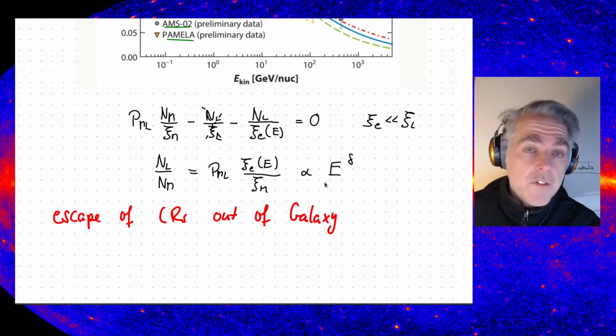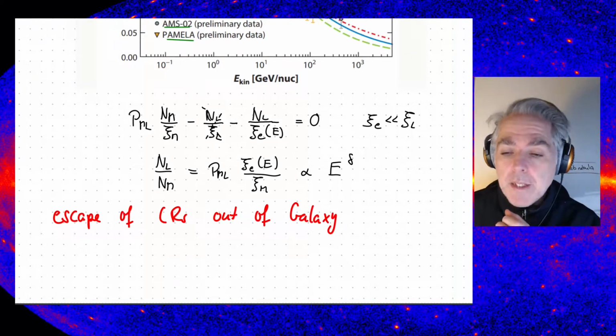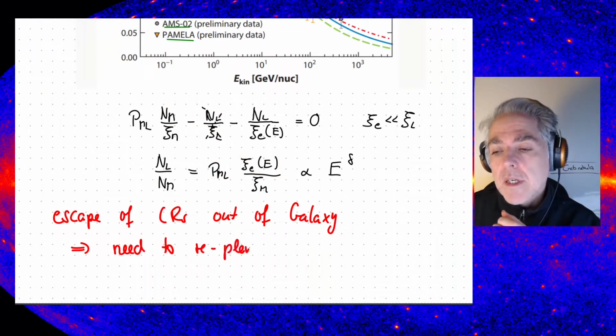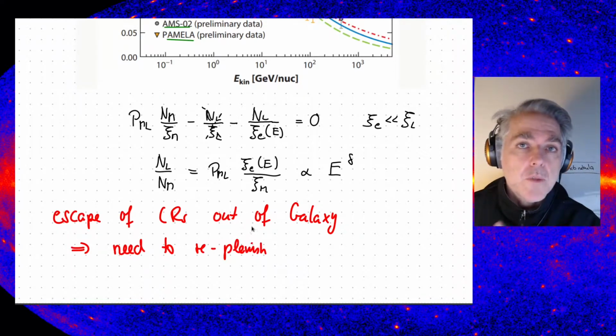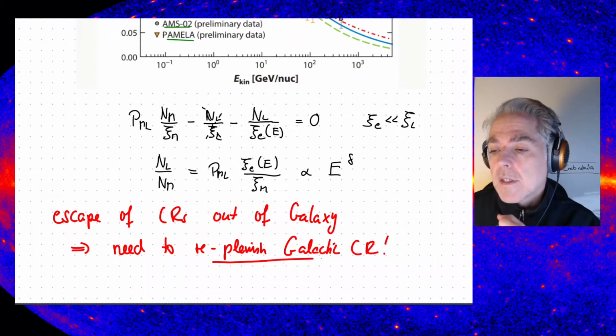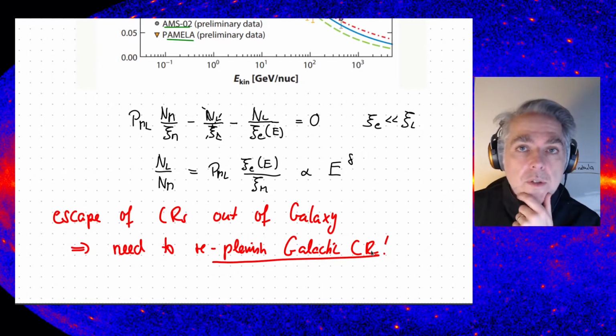They're not confined forever. That means we need to replenish. There must be some mechanism which feeds new cosmic rays, because these ones will disappear. And that's an important conclusion to draw from this.